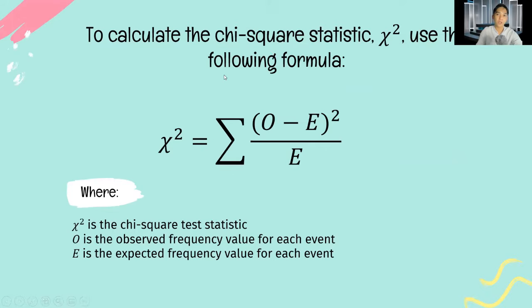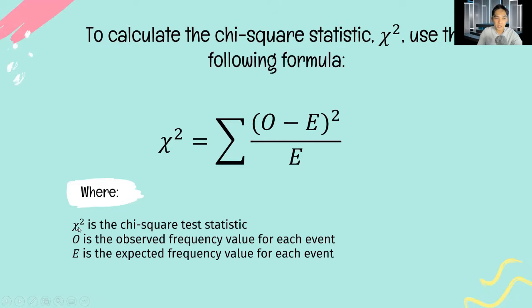To calculate the chi-square, yan yung x squared natin, the Greek letter chi, use the following formula. Chi squared is equal to the summation of observed frequency minus expected frequency, squared, all over the expected frequency.